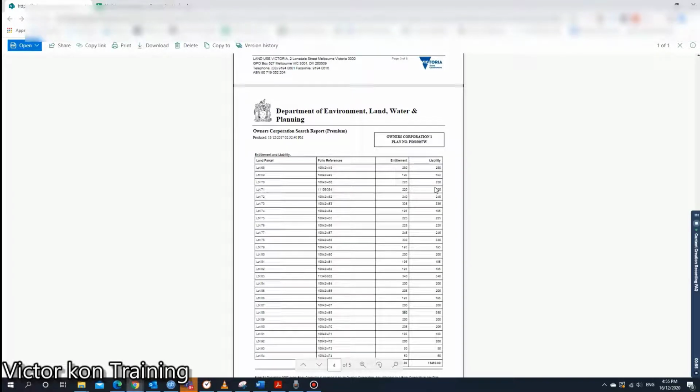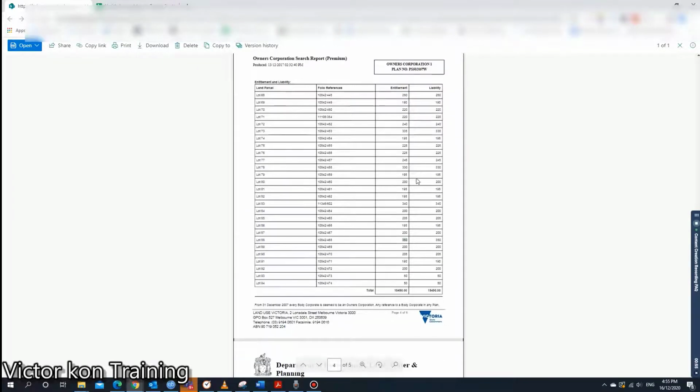Often, 80% of the time, your lot entitlement is the same as your lot liability. I wouldn't say 100%, I would say 80% of the time, for a standard owner's corporation. There are some weird owner's corporations, I won't call it weird, sorry about that, but some interesting owner's corporations that may have different entitlement and different liability. But 80% of the time, it's almost consistent.